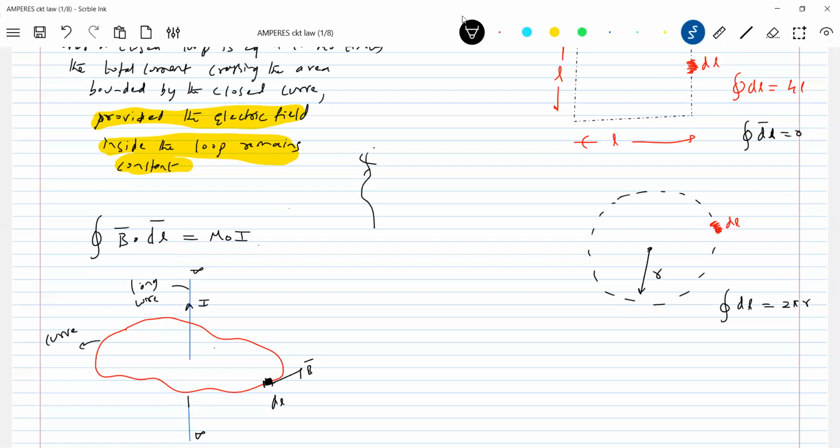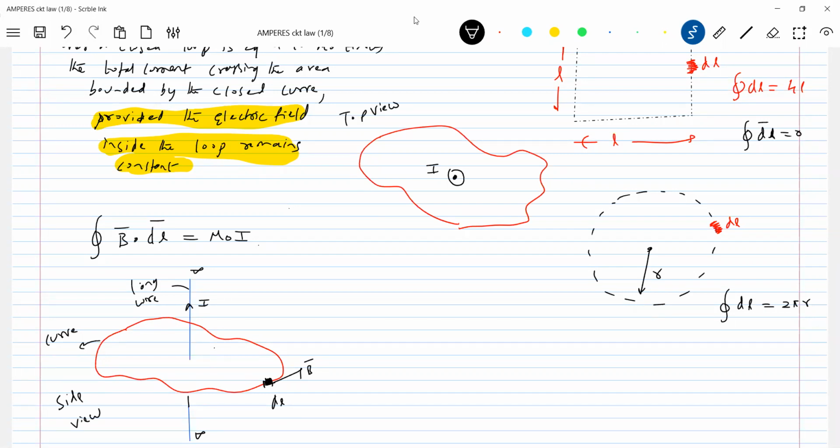Here the same path. So this is what the current here is. I'll show like this. This is the side view, and this is the top view.